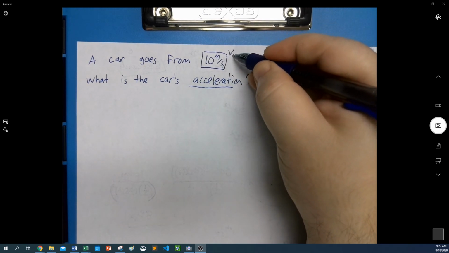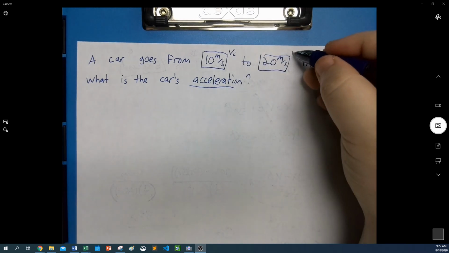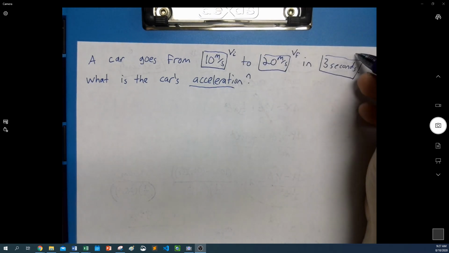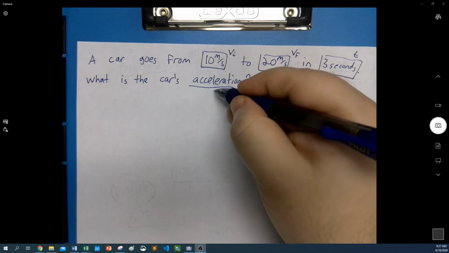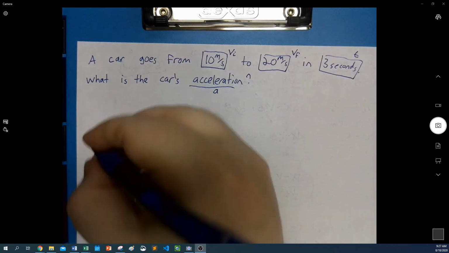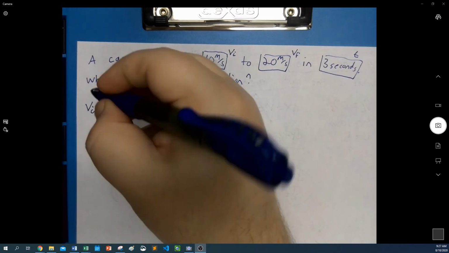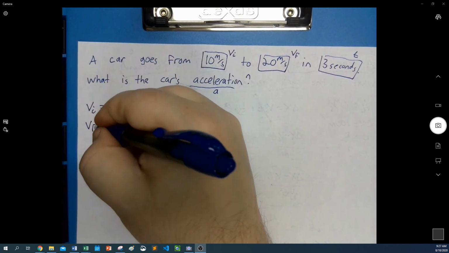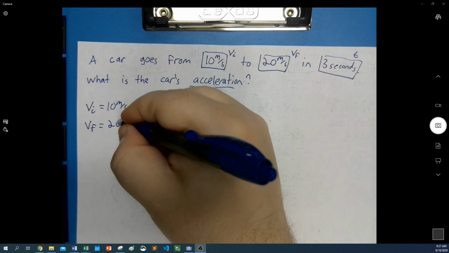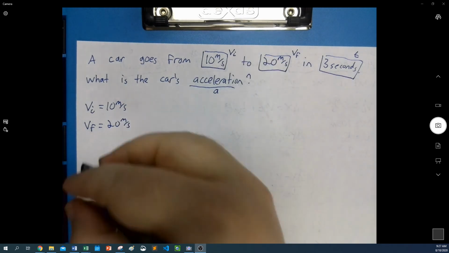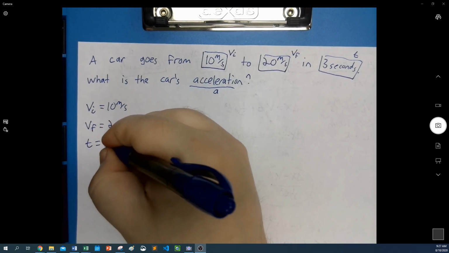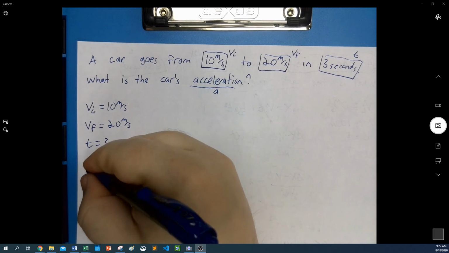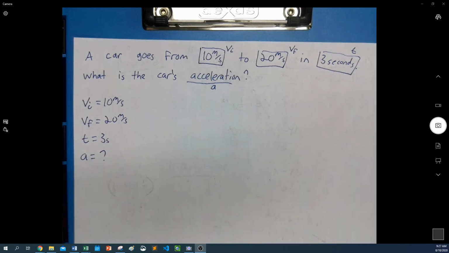This will be your initial velocity. This will be your final velocity. This will be your time, and we're looking for acceleration. So write it down. VI is equal to 10 meters per second. VF is equal to 20 meters per second. Our time is 3 seconds, and we are looking for acceleration.